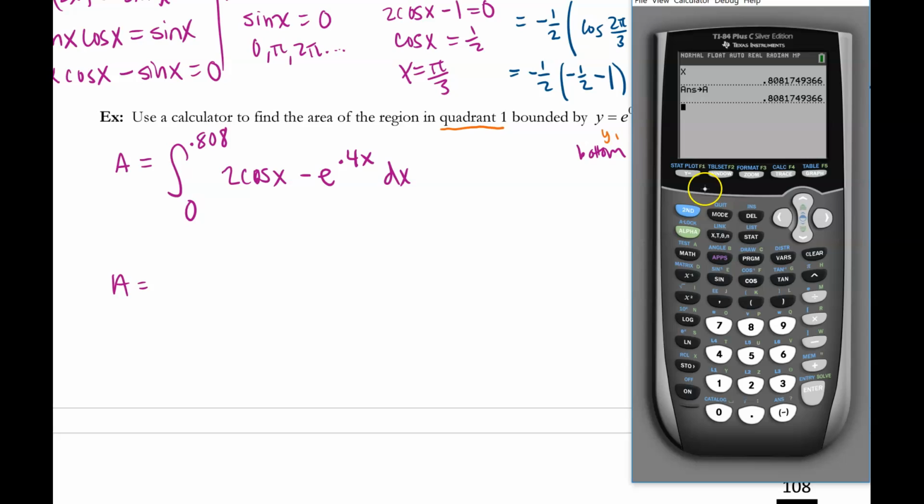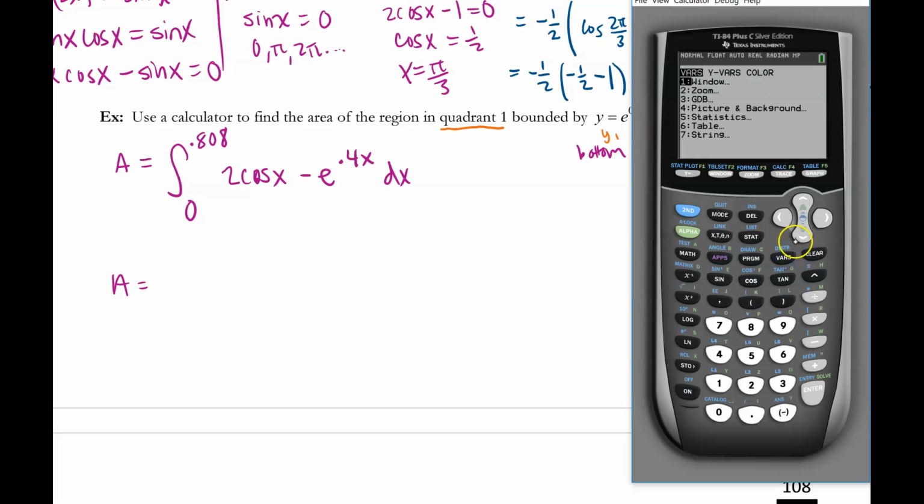So I'm going to go to math, and then I want the finite integral, so number 9. My lower limit is 0. My upper limit is that value that I stored in A. And then I want to do top minus bottom. And in my calculator, I stored the cosine value, the top value, in y2.